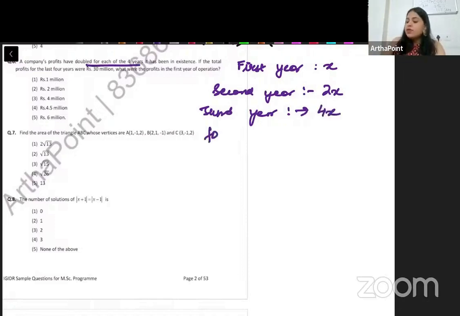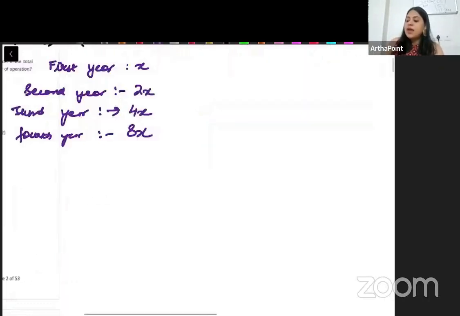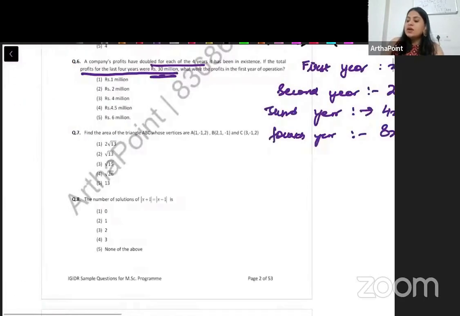What will be the profit in the fourth year? It will be 2 times 4x. So it will be 8x. And now it says the total profit for the last 4 years was 30 million. So when I add the profits for the 4 years, x plus 2x plus 4x plus 8x, I get 30 million.